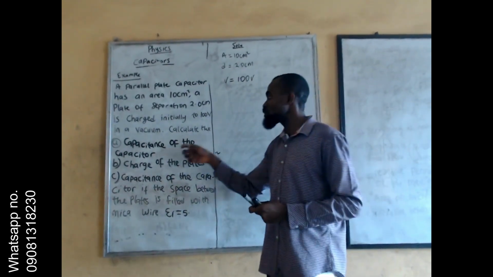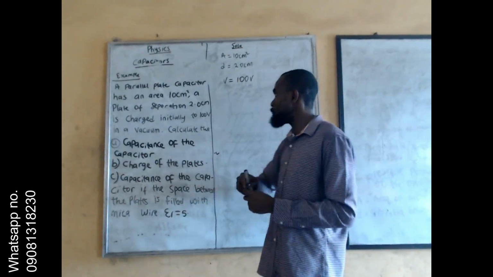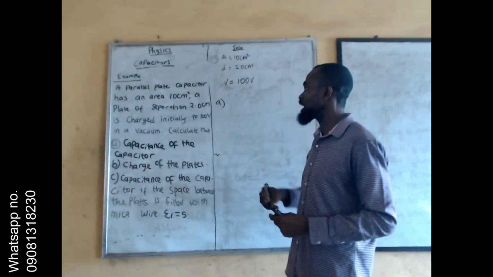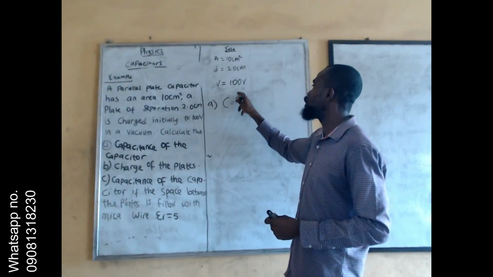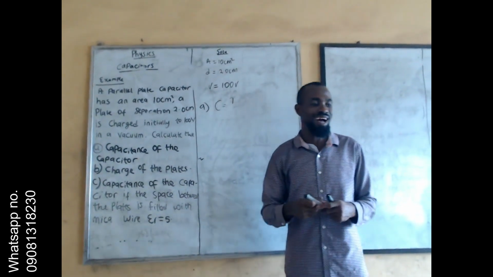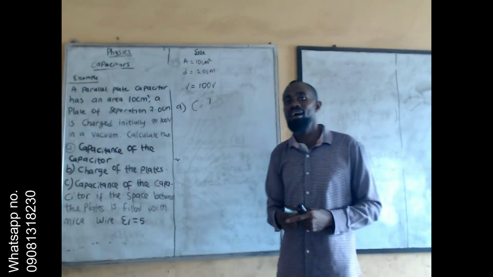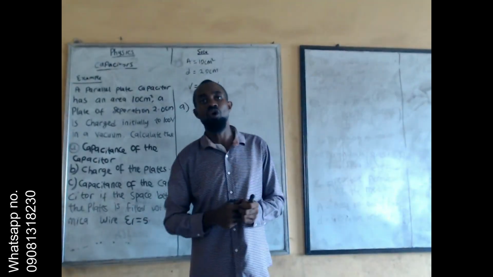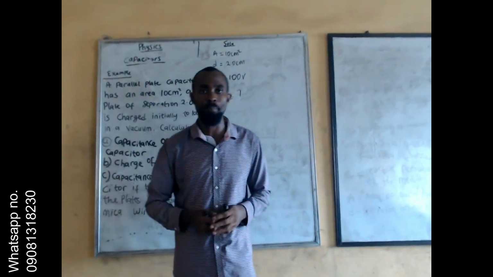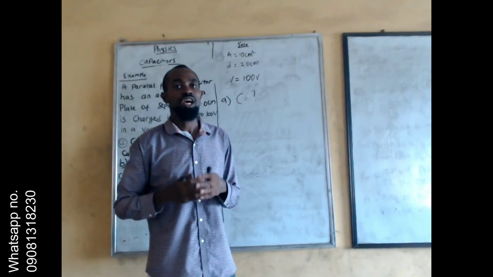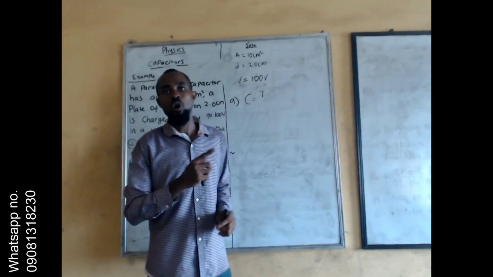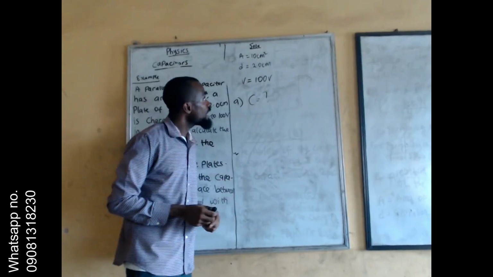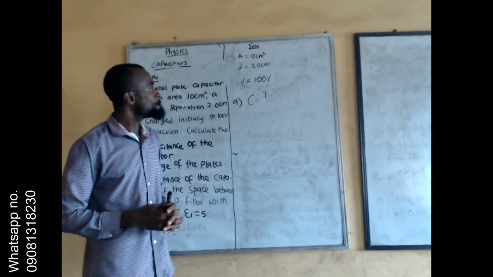Now the first thing is to calculate the capacitance of the capacitor, part A. We are looking for capital letter C. We already have 2 formulas for capacitance. The first one is C is equal to Q over V. Can we use that formula?